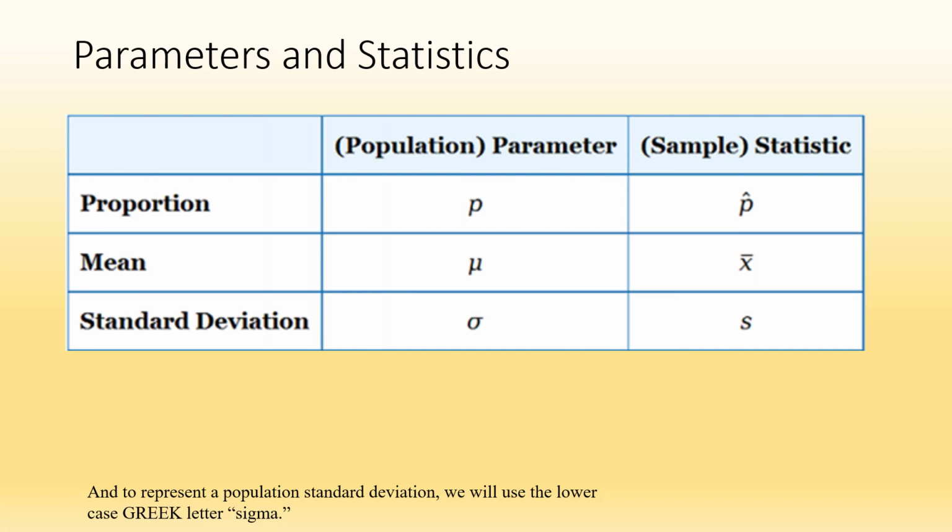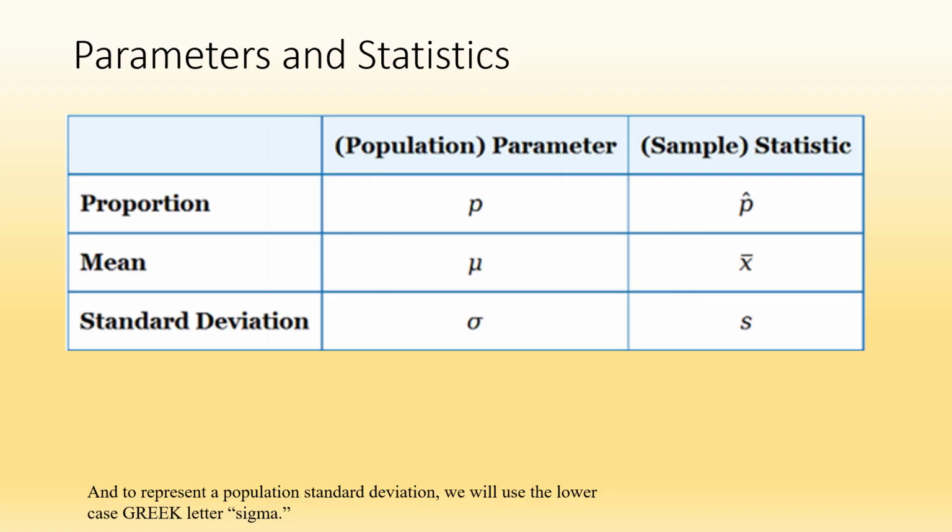To represent the population mean, we will use the lowercase Greek letter mu, and to represent a population standard deviation, we will use the lowercase Greek letter sigma. We use these notations when we discuss the theoretical concept of discrete and continuous probability distributions. In fact, we use them because in those sections we were also assuming we knew those values for the entire population.